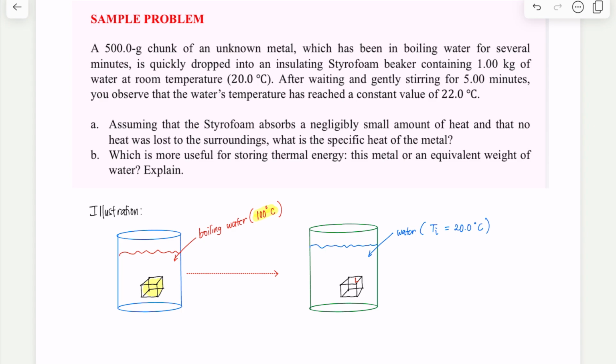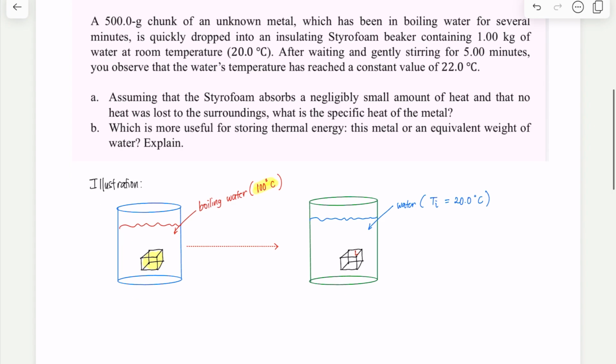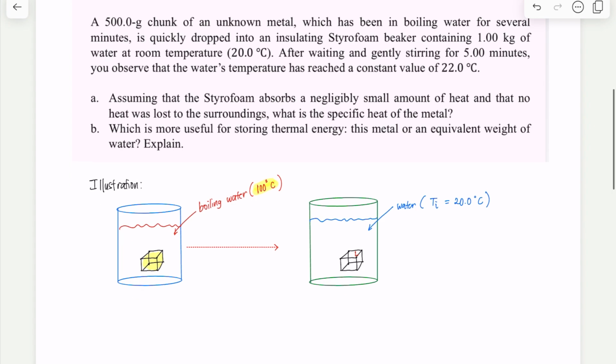And according to the problem, we can deduce that the initial temperature T sub i of the metal must also be 100 degrees Celsius, since it is submerged in that boiling water.